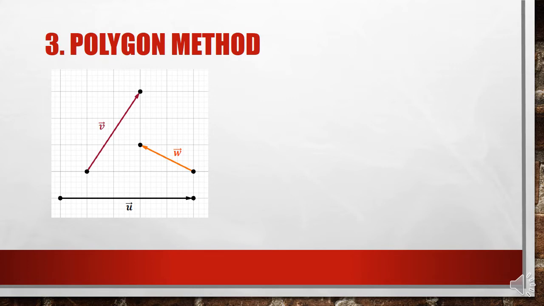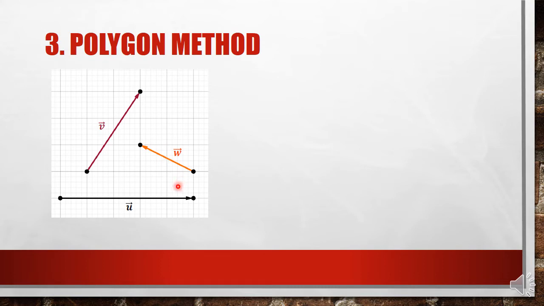If you have more than two vectors, we use polygon method. This method is similar with the first one that we did. It's head to tail method. Let's just say that I have three vectors u, v, and w.